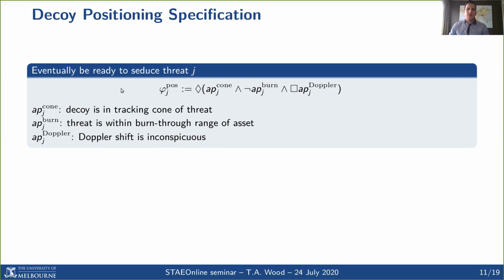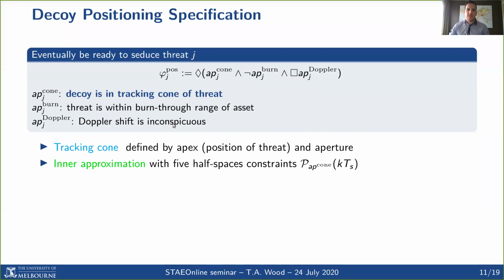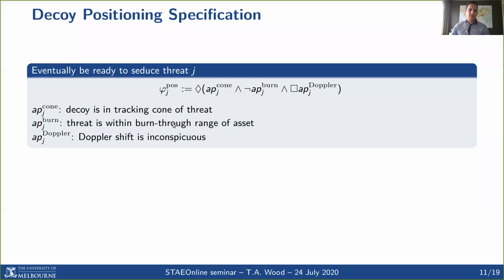So the atomic propositions are statements for any time. So we say at any time we are interested if the decoy is in the tracking cone or not. Then we have the condition on the burn through range. The threat is in the burn through range or it isn't.